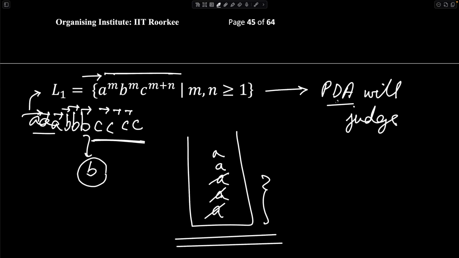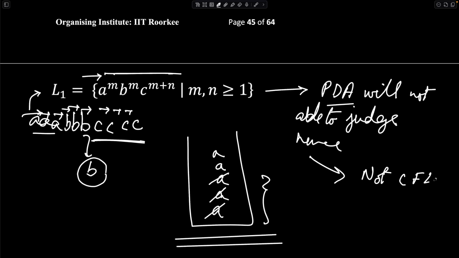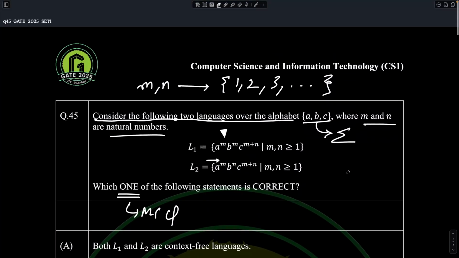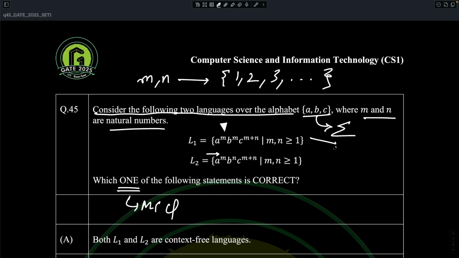Hence, this is not a context-free language, because a language which is judgeable by a PDA is basically a CFL. So this is not a CFL. Over here we can directly write not CFL.